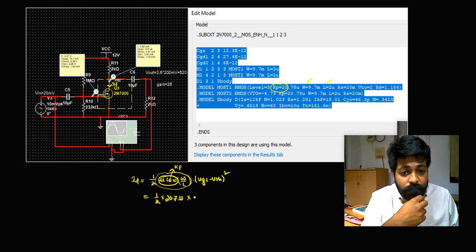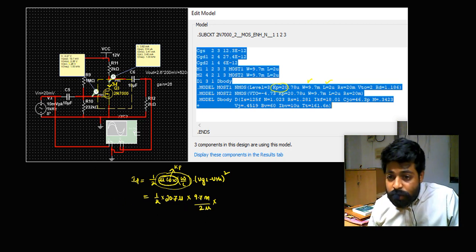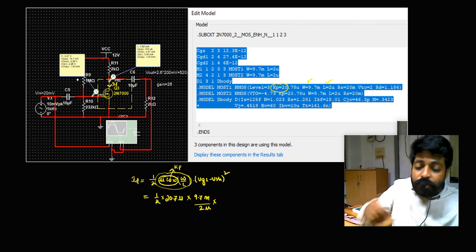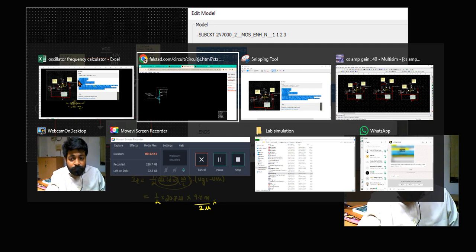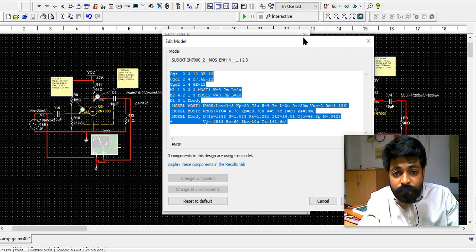W value is around 9.7 milli and L value is 2 micro, into VGS minus VTH. Here we can see, I can zoom it. If it is not visible over here, I can go to the tool also, and here I can zoom it.